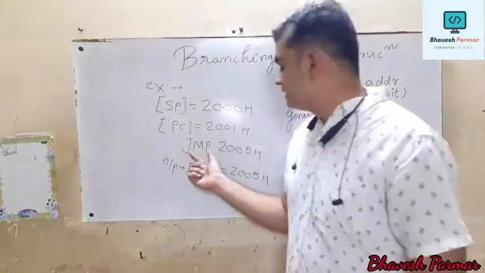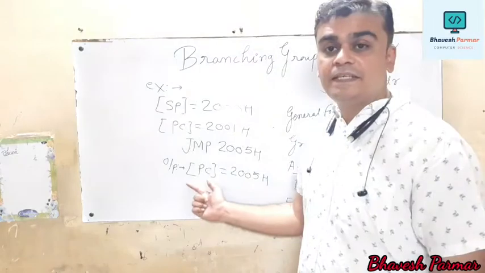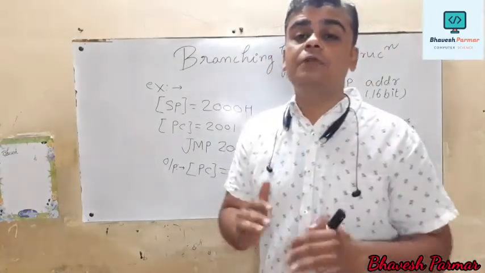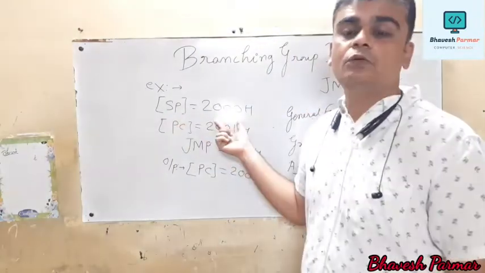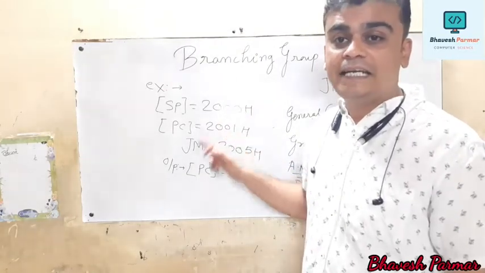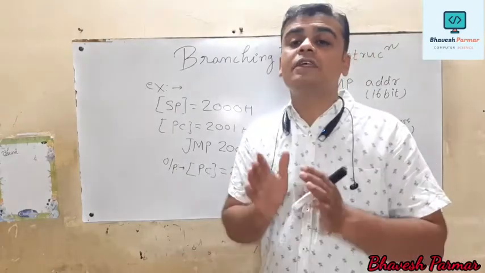But afterwards I write JMP 2005. So that's why my PC is nothing but 2005H. What did the microprocessor actually do in that case? The microprocessor first executes the 2000H instruction, and after executing it directly switches to the PC, that we called 2005H.